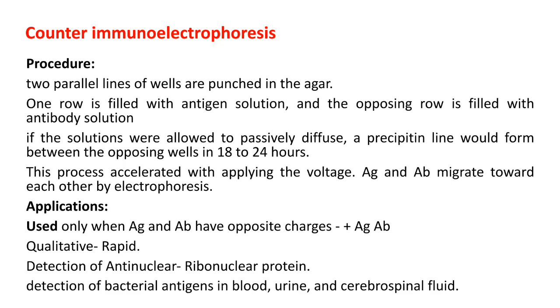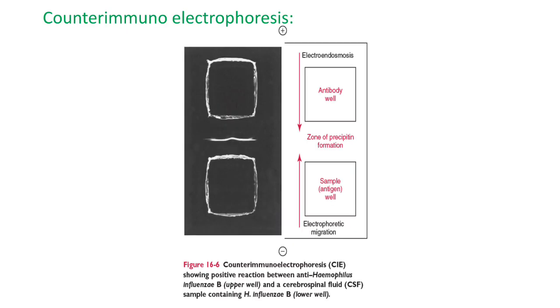The applications are used only when antigen and antibody have opposite charges, like negative and positive charges. It is a qualitatively rapid technique, used for detection of anti-nuclear ribonuclear proteins and also detection of bacterial antigens in blood, urine and cerebrospinal fluid.